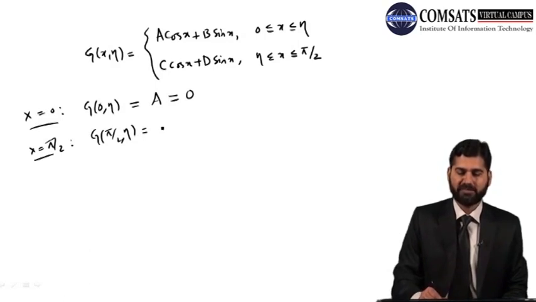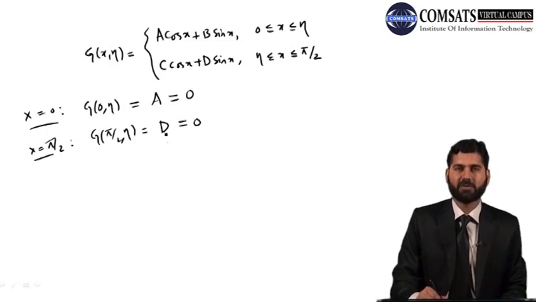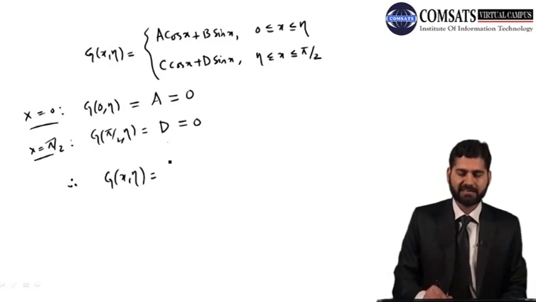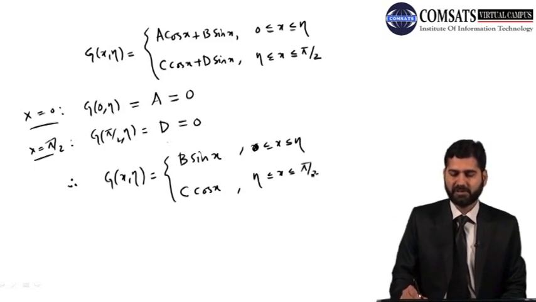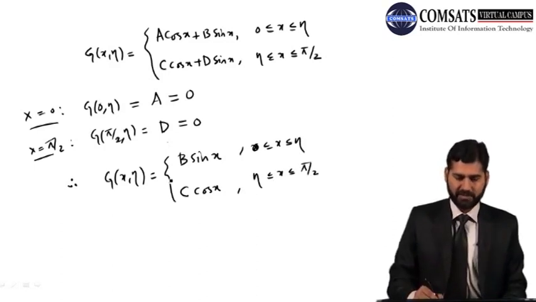So that is c cosine pi by 2, which is 0, plus d sine pi by 2, which is 1. So in this case d will be equal to 0. Alright, so a is 0 and d is 0. Therefore g(x, eta) will take the form b sine x for 0 to eta, and c cosine x from eta to pi by 2.